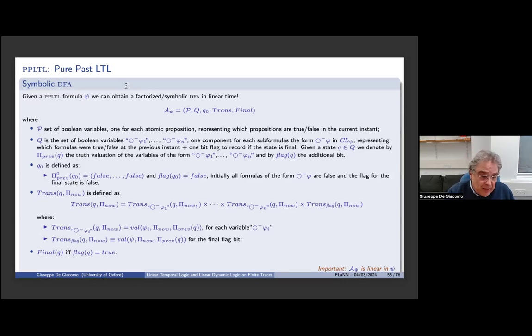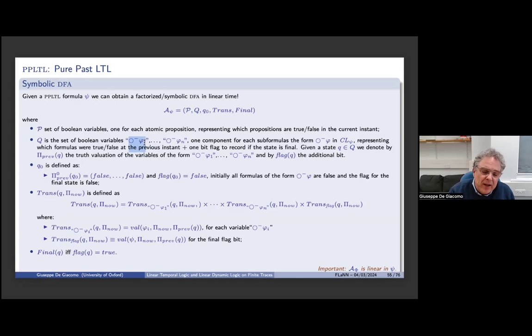So let me tell you for a moment what this is about. You have the automaton, and as language you have the set of propositional variables. As states, you have all the formulas of the form previously phi 1 that you find in the subformula, in the syntactic closure of the original formula.